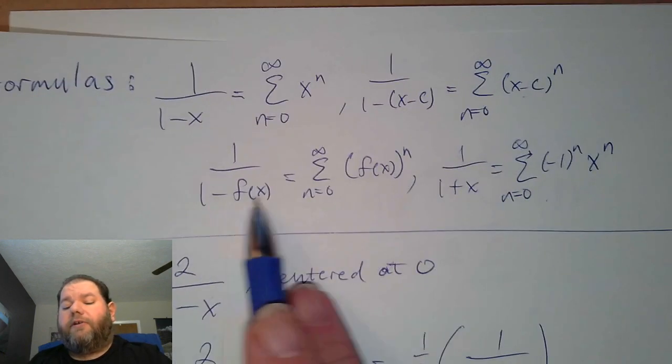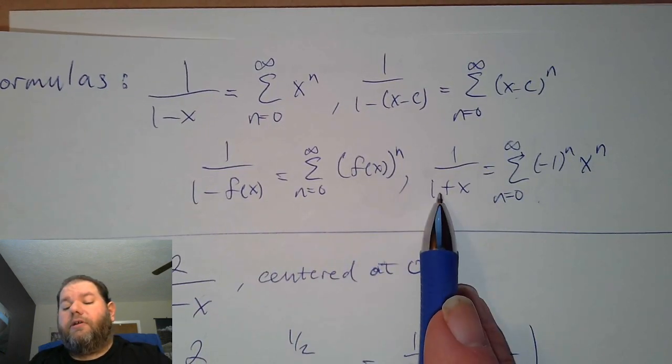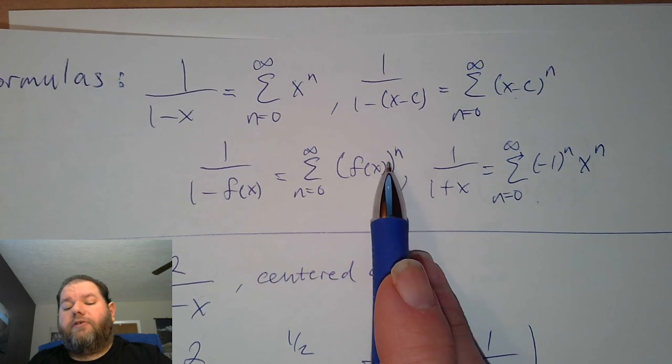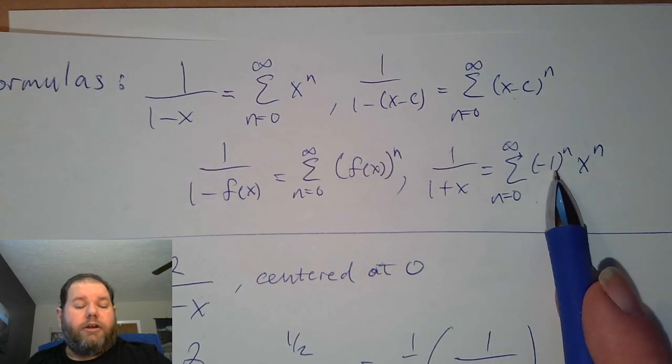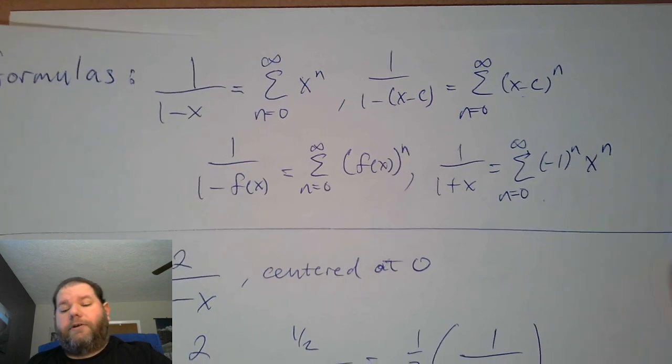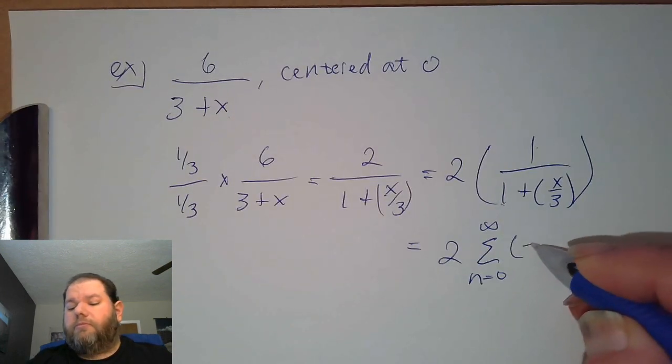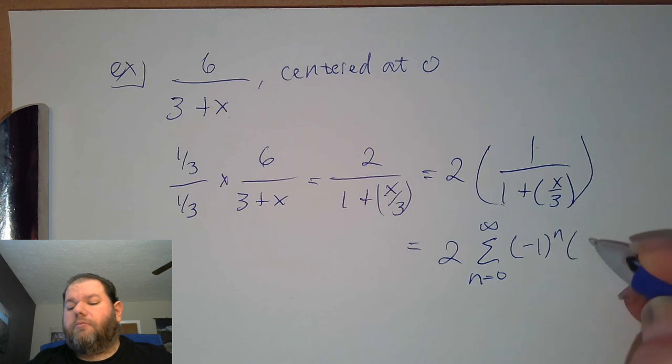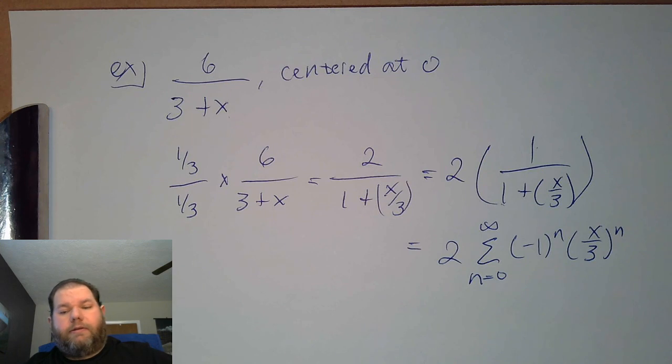So what we really have is a combination of these two rules, where we have a function raised to the nth power, and we also have an alternating term, -1 to the nth power. So it looks something like that. And that would be our power series here.